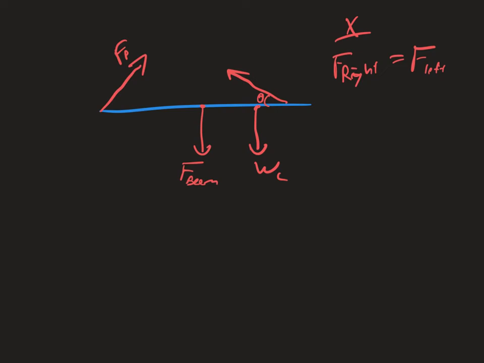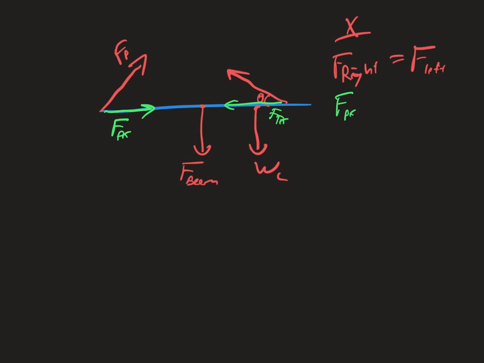The net force is 0, so whatever is going in the positive direction has to equal whatever is going in the negative direction. In the positive direction, we have the x component of the force at the pivot, so Fp sub x. In the negative direction, we have Ft in the x. So those two things have to be equal to each other.